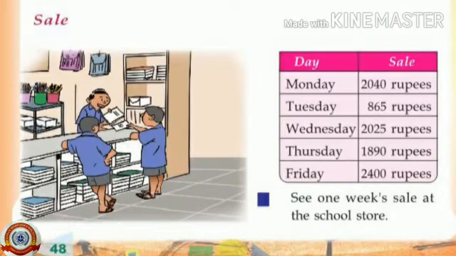Look at this activity. Sale. See, 1 week sale at the school store. Monday, 2040 rupees. Tuesday, 865 rupees. Wednesday, 2025 rupees. Thursday, 1890 rupees. And Friday, 2400 rupees.